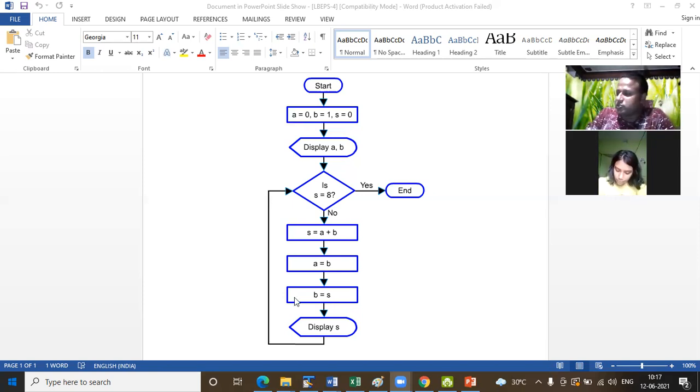So now write B is equal to 8. Okay. Now is 8 equal to 8? S is now 8.